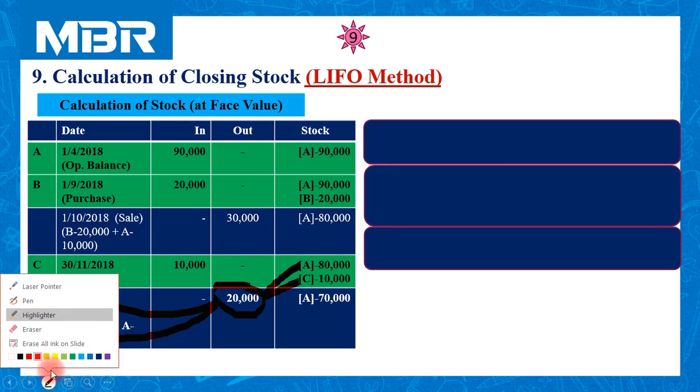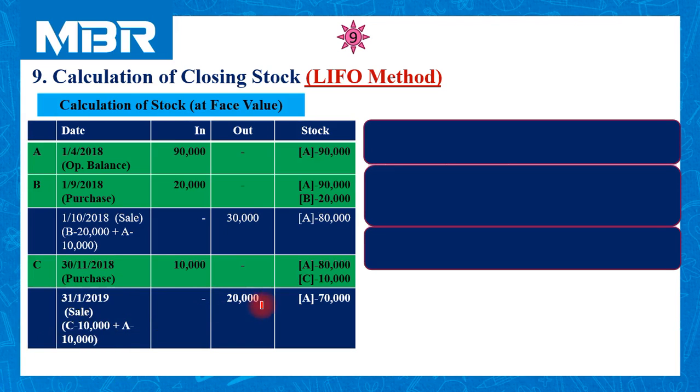Now evaluation of stock. For the evaluation, out of A, rupees 80,000, we have sold for rupees 10,000. So the inventory available to us at the end is 70,000.